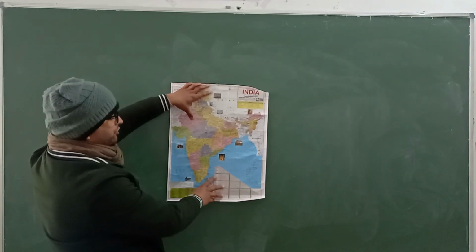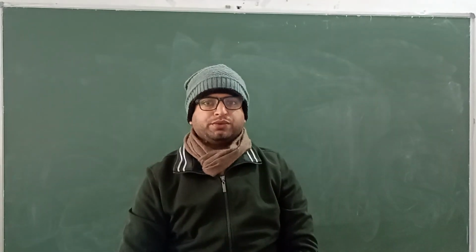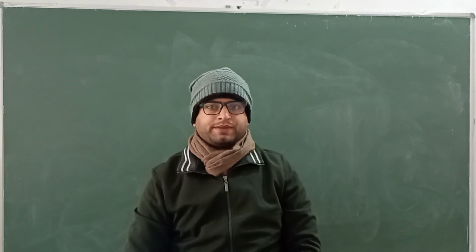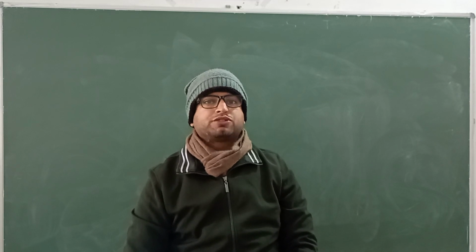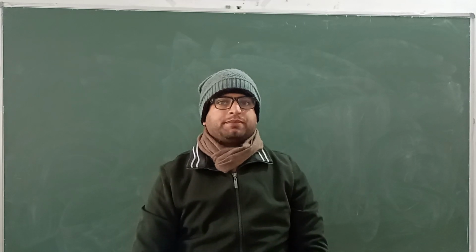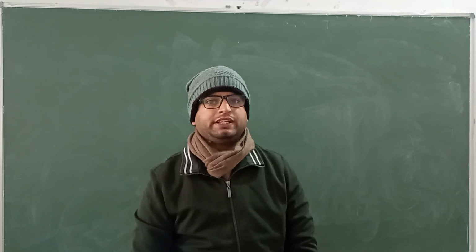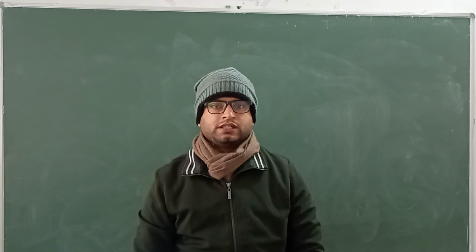In total, we have 28 states and 9 union territories. Our capital, New Delhi, is also a union territory. The states in the political division of India keep on changing. For example, in 2000, Uttar Pradesh was divided and we got Uttarakhand and Uttar Pradesh as 2 states.